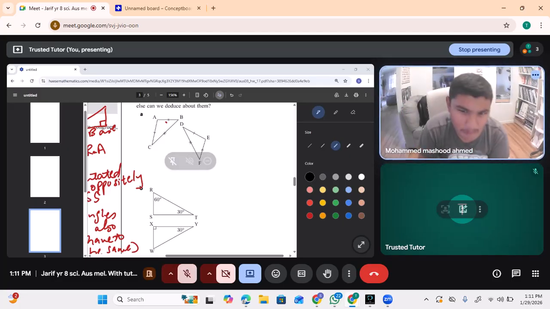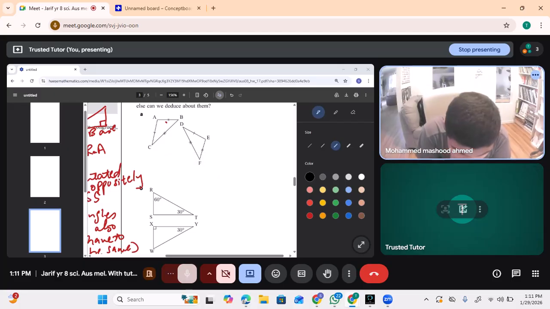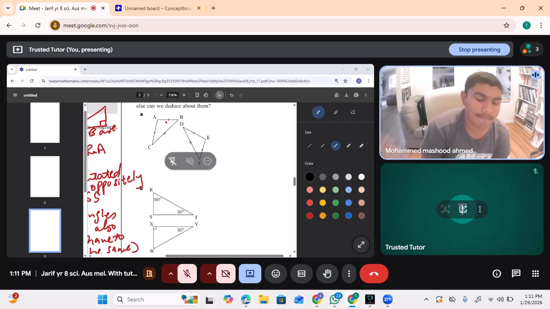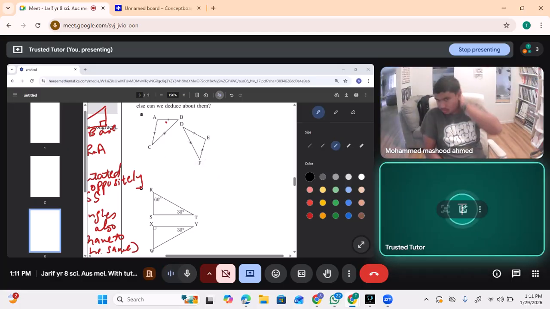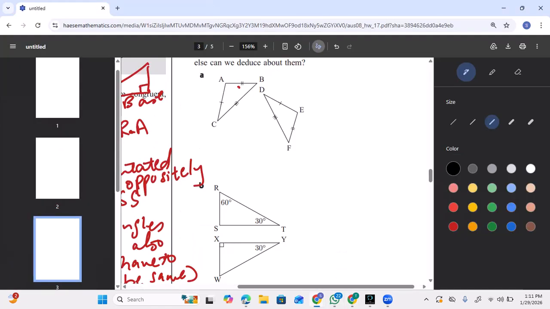Okay, I forgot. Think about it. I don't know. Okay, let me tell you this. I think we practiced this, but look at this. If you're saying that this triangle is congruent to this triangle, obviously you will write triangle ABC is congruent to triangle DEF.